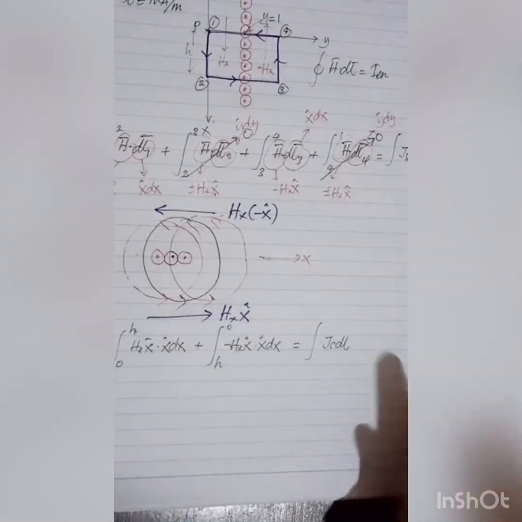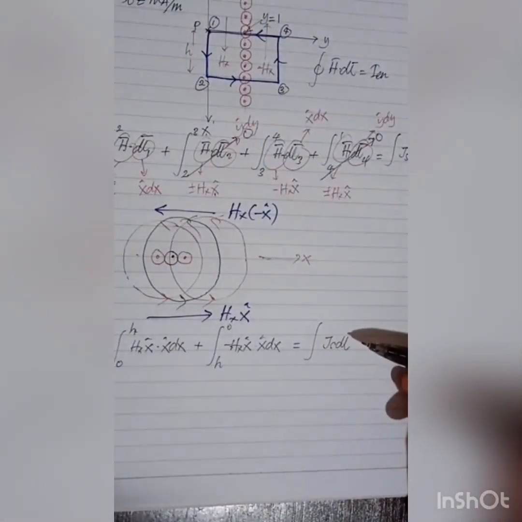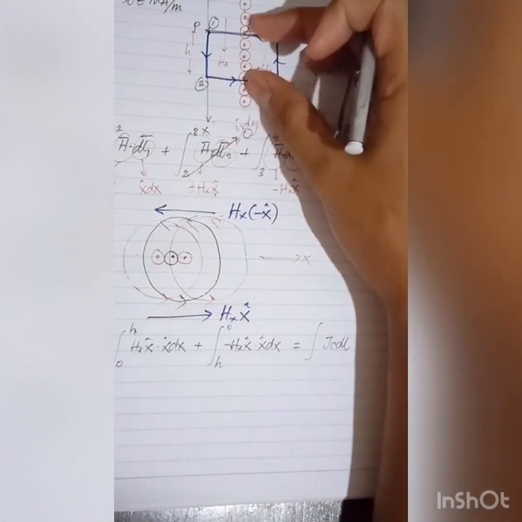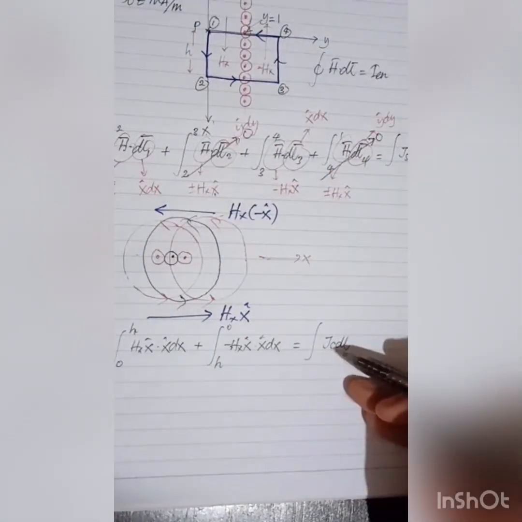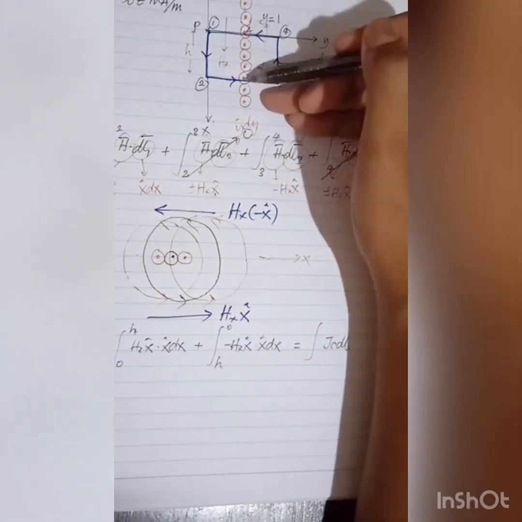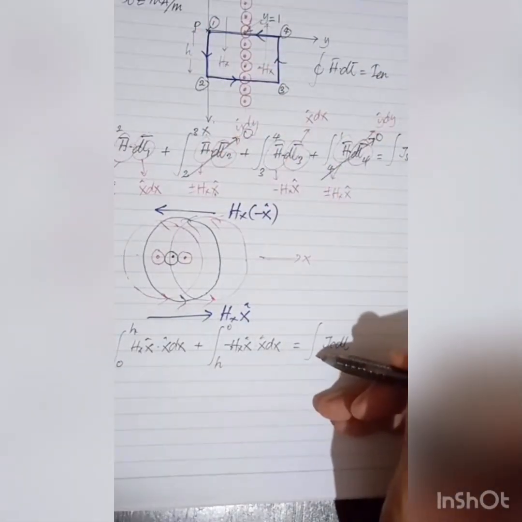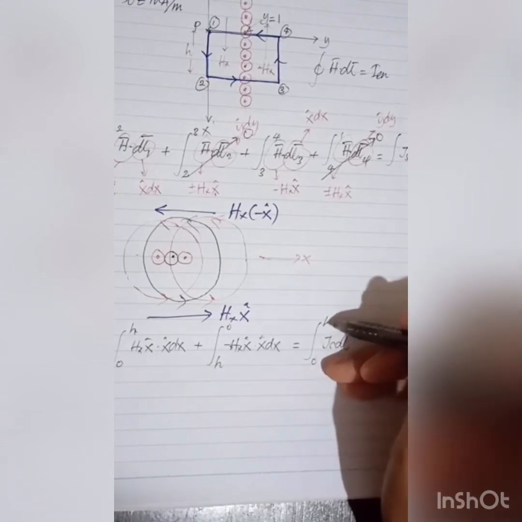Okay, and how about the Js? The I here, we can simply find by multiplying the Js with the length. So from here we can integrate from 0 to h to find the I enclosed within this particular loop. So now 0 to h.